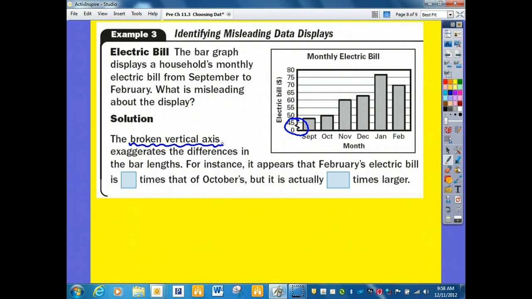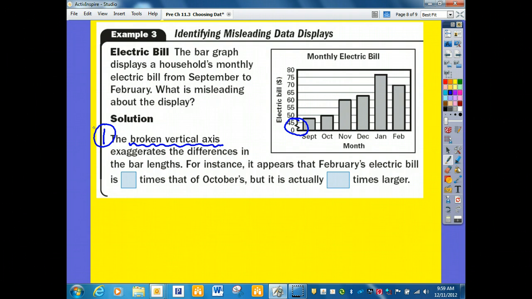Say you get older and somebody's trying to sell you insurance or annuities or plans, and they show you graphs with a broken vertical axis, toss them out the window, because they're so misleading and they try to make you believe something that's not really as good as it is. So that's the number one way a graph can be misleading.